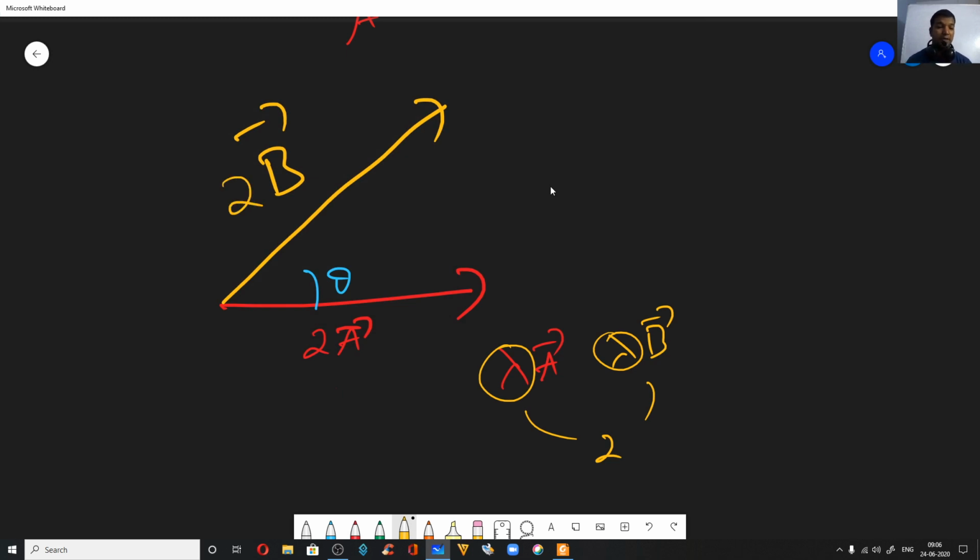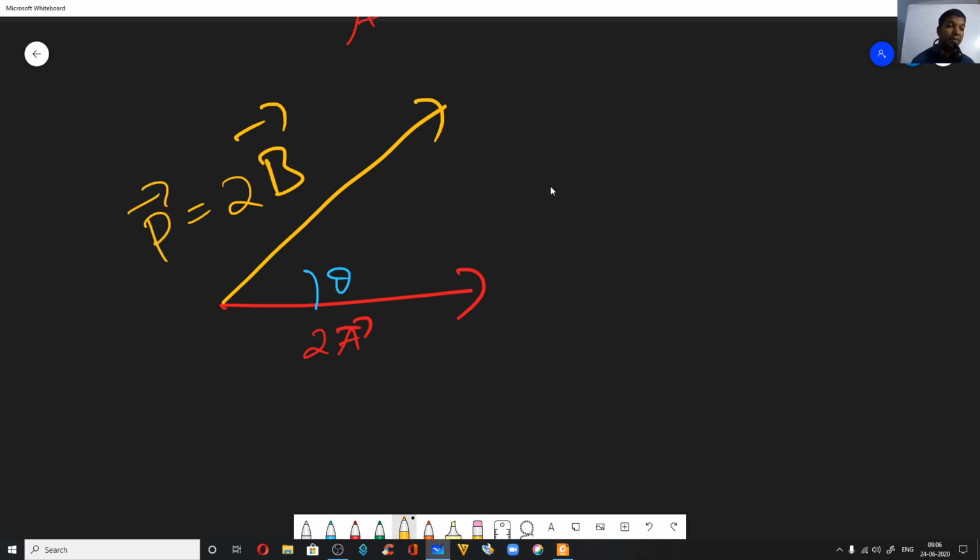Now this 2b and 2a, you can treat them as new vectors, why not? So call this vector 2b as vector p, and this one as vector q.